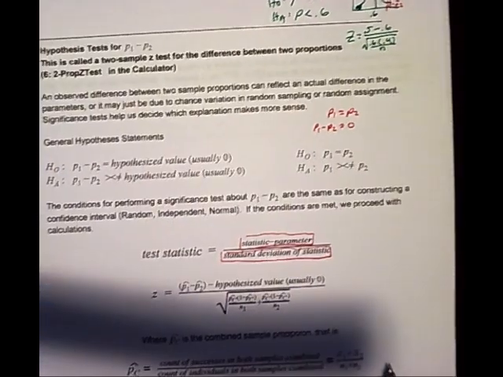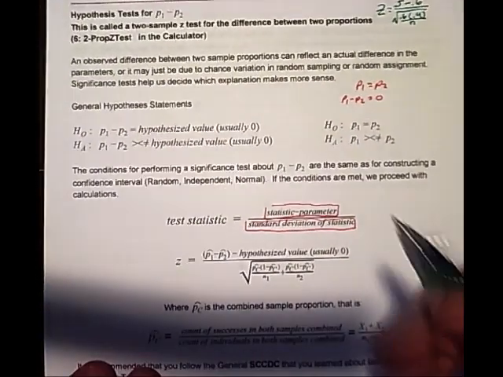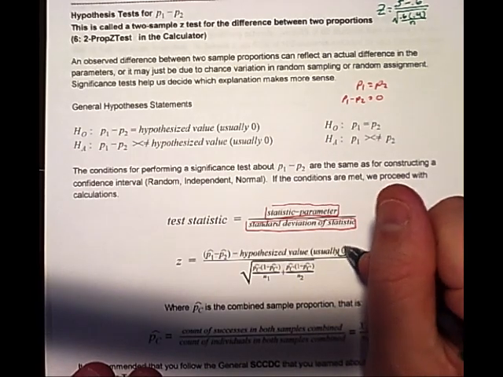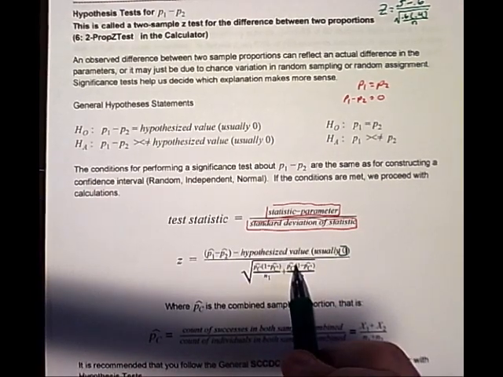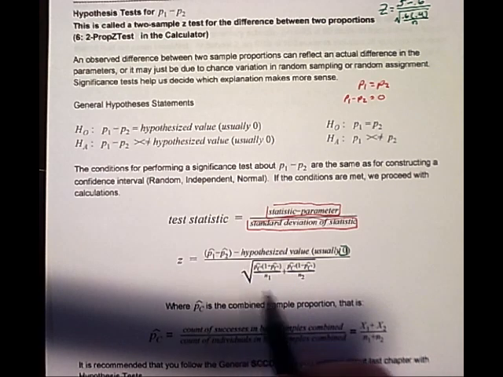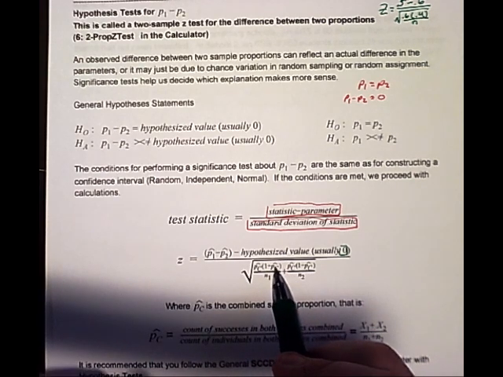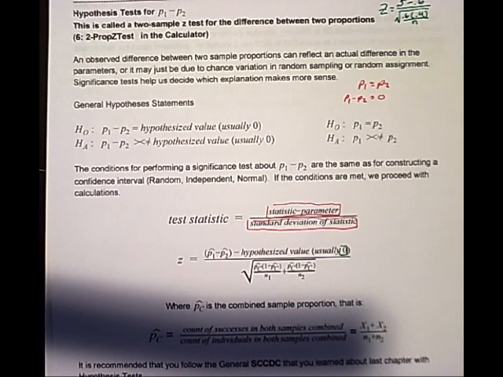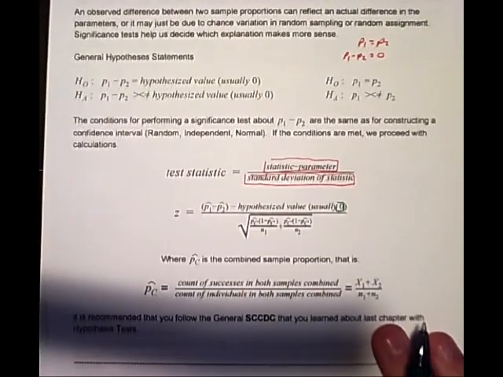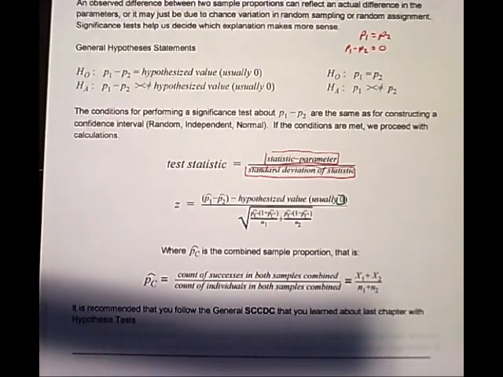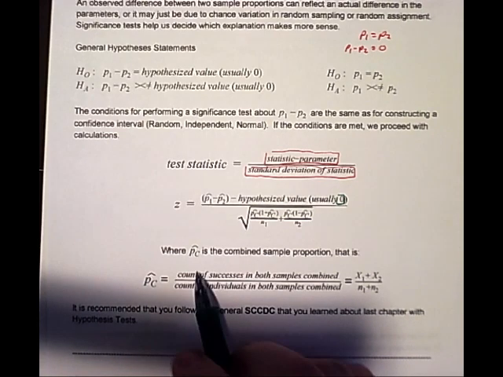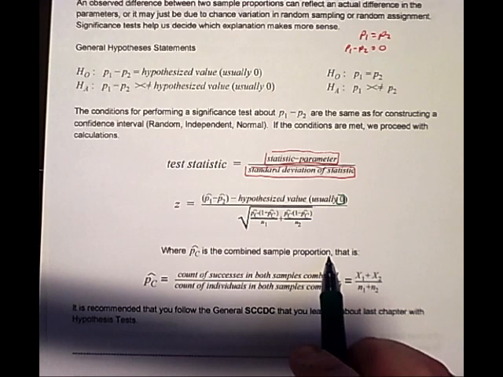Now our hypothesized value is usually 0. So I don't want to put 0 in here, because if I put 0 in here, the denominator is 0, and I'm not allowed to divide by 0. All right, so we got to use this thing called p hat c. All right, it's p hat c, where p hat c is the combined sample proportion.